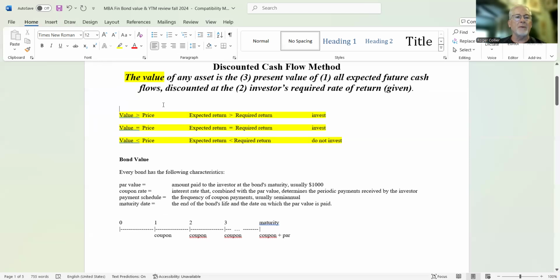The thing to remember, as I said a few minutes ago, is that expected return for bonds is called yield to maturity. Only bonds have a yield to maturity. Stocks don't, but they just have an expected return. Bonds, we call that expected return the yield to maturity.